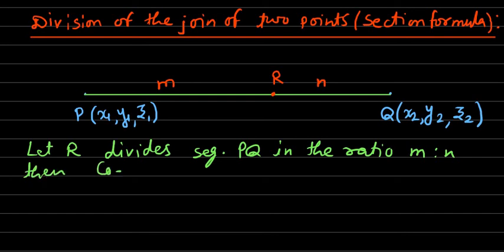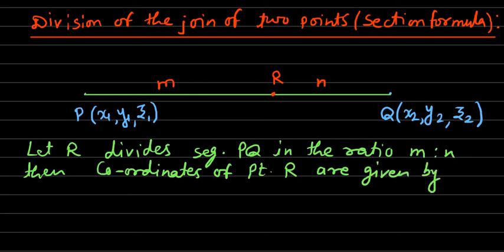Then the coordinates of point R are given by, how are the coordinates of point R given?